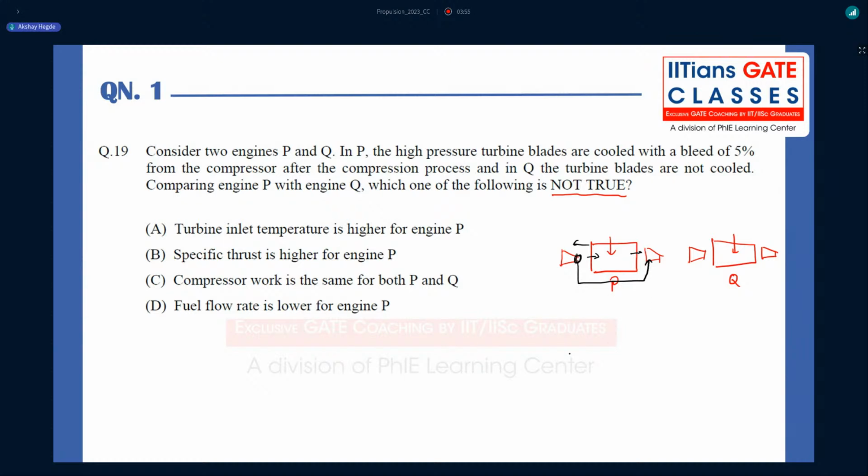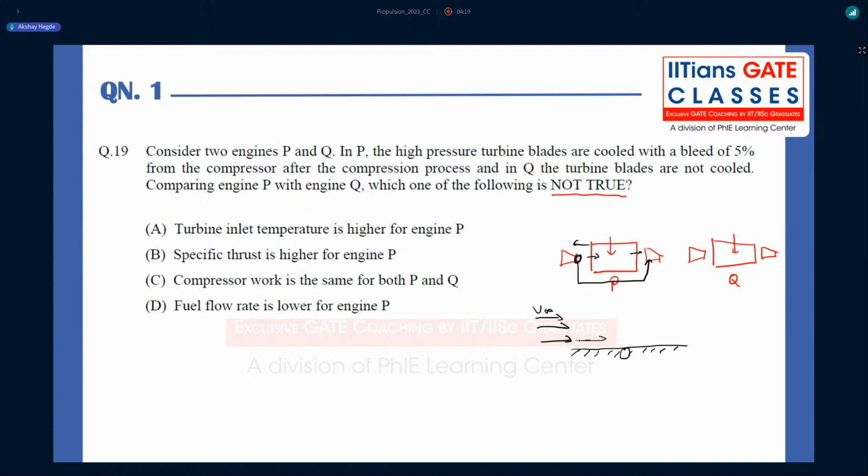So let us try to treat this problem in a slightly different way. Say I have a flat plate, and a free stream coming with some velocity u infinity. Say this plate is hot or heated.